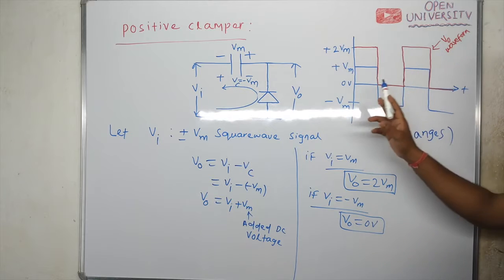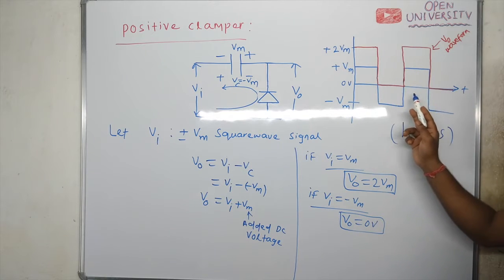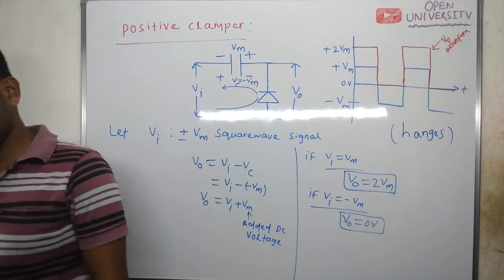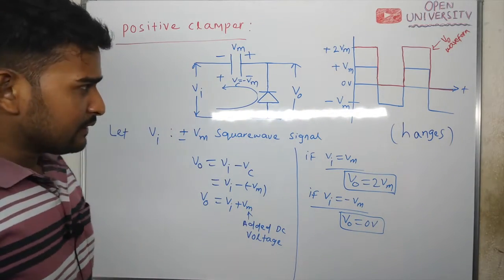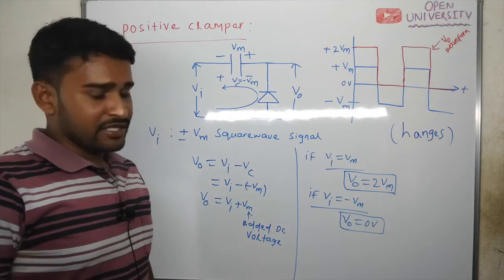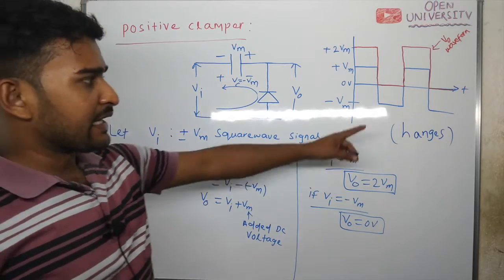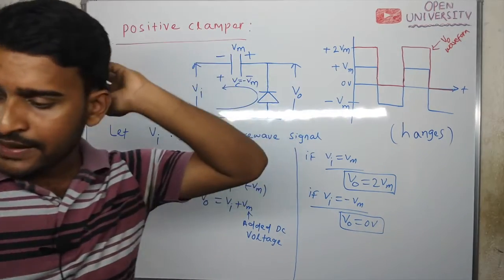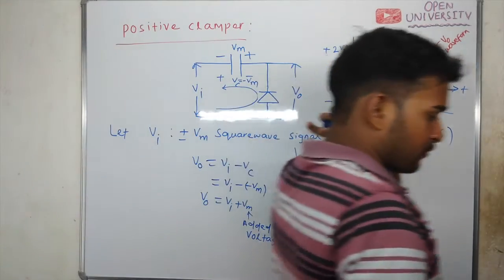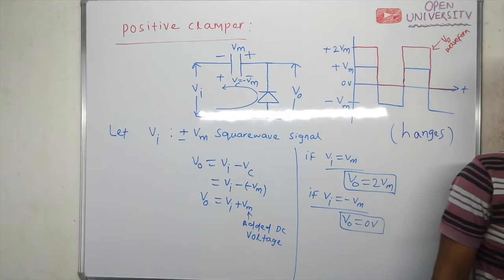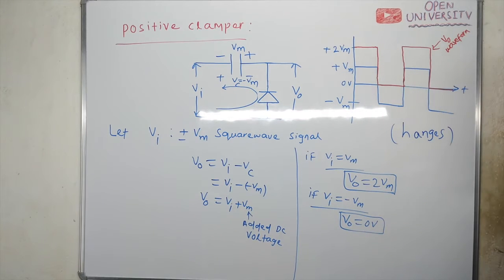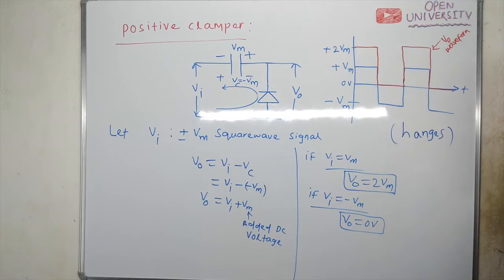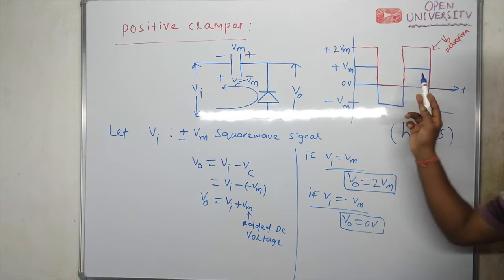Positive clamper clamps negative peak of output. Write on positive clamper, or write this way, that negative peak of output is clamped or hung to 0 volt. Negative peak of output is clamped or hung to 0 volt.